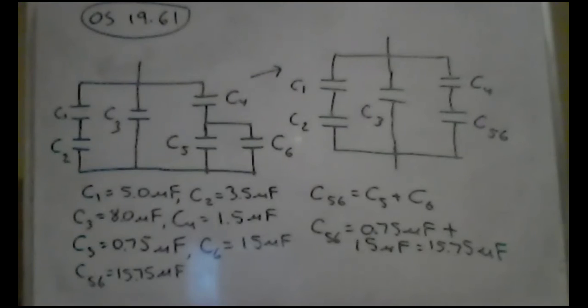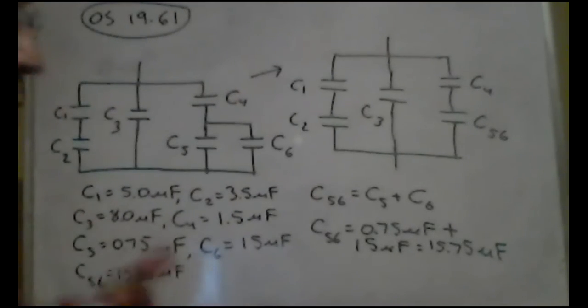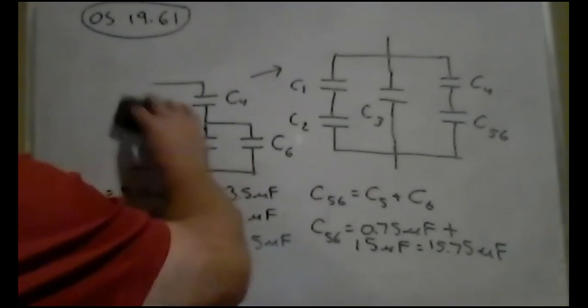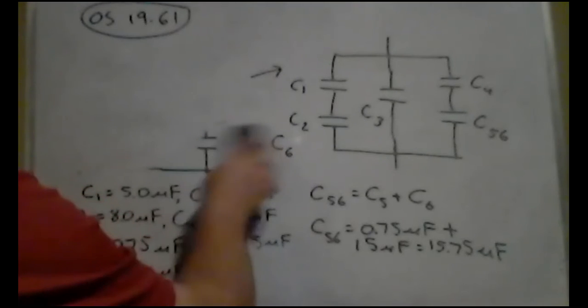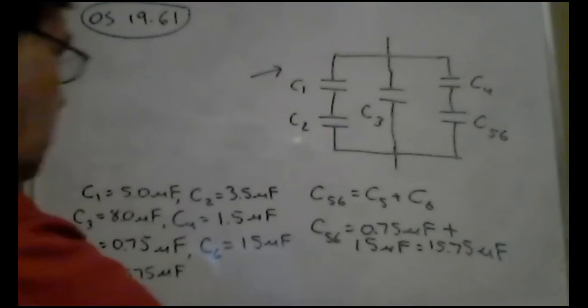The next thing I would like to do is combine C1 and C2 to make C12, and combine C4 and C5, 6 to make C4, 5, 6. Unfortunately, I'd have to combine them such that they're in series, so I have to add up that weird way. So I want to make my next diagram look like this. My next diagram, so again, it's going to be a series of diagrams as you move along.